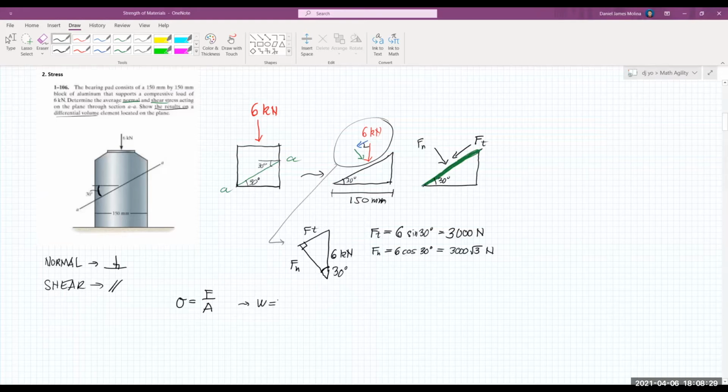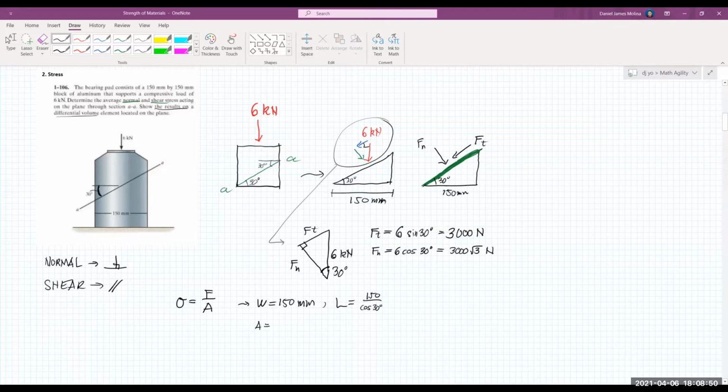We can't see the width since it's perpendicular to our screens. And then for the length, since this is 150 millimeters, we can have the cosine function, that is 150 over cosine of 30 degrees.